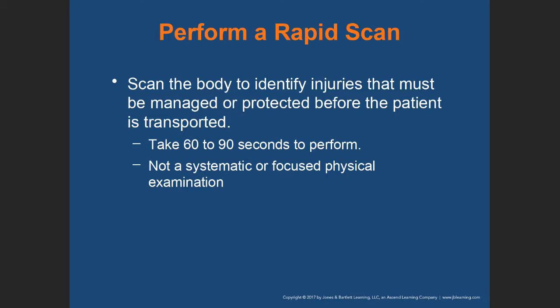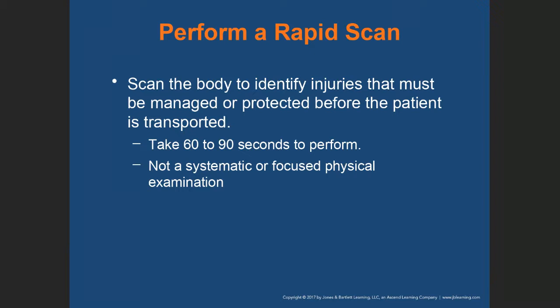If I have a medical patient that's found at home unresponsive by family members, and I arrive on that location, the patient cannot communicate to me. The patient is in bed, and the family members are not able to tell me clearly what has happened to this patient, and this medical patient would get a rapid scan.